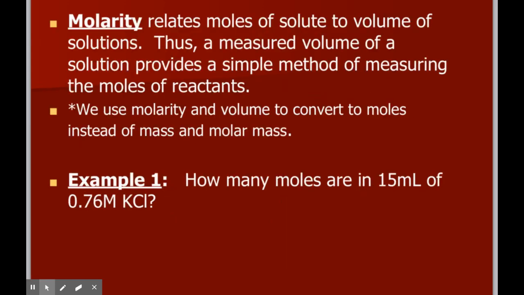So remember, molarity, which we learned about yesterday, relates moles of solute to volume of solution. So if we know the molarity and the volume of a solution, we can figure out the moles of the solution. So we will use this instead of mass and molar mass to find moles.